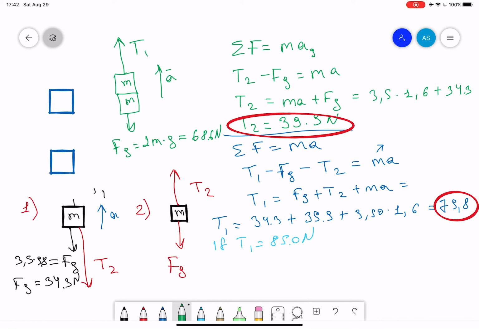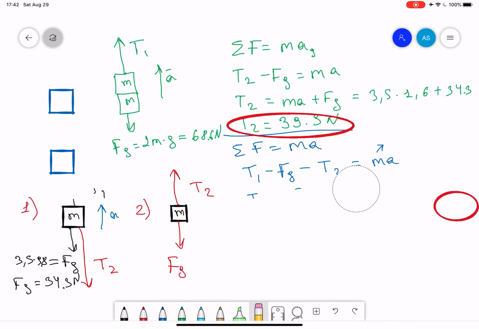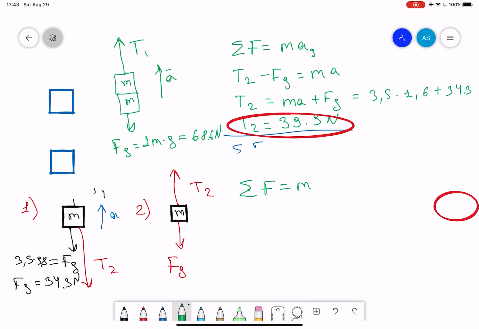Now, using Newton's second law, we can say that the sum of the forces is equal to Ma.